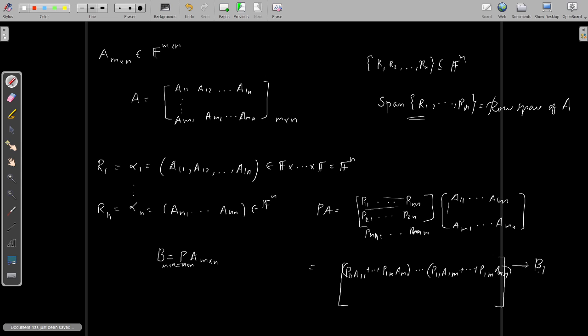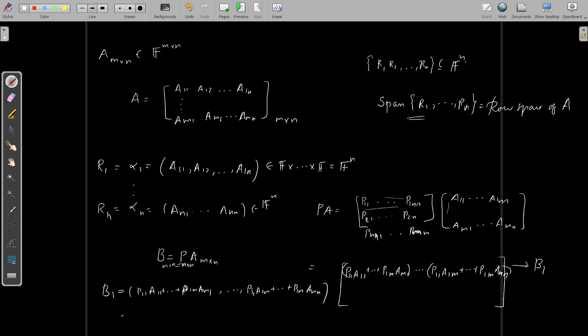B1 is the first row of B, which is nothing but this vector: the first entry is P11 A11 plus etc. plus P1m Am1, and so on, and the last entry is P11 A1n plus etc. plus P1m Amn.